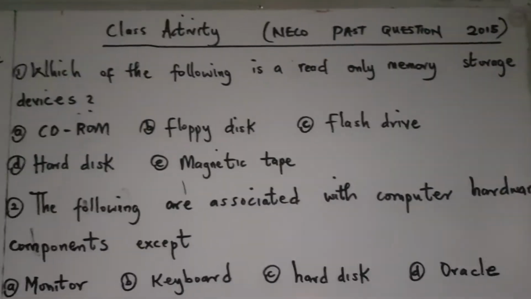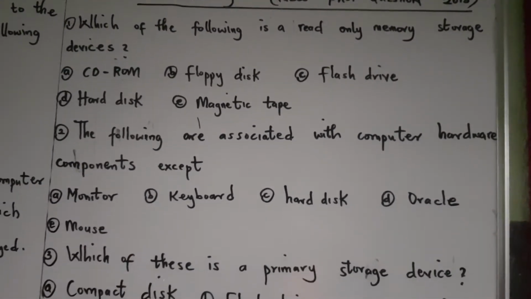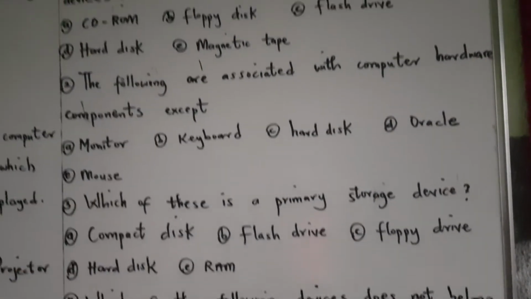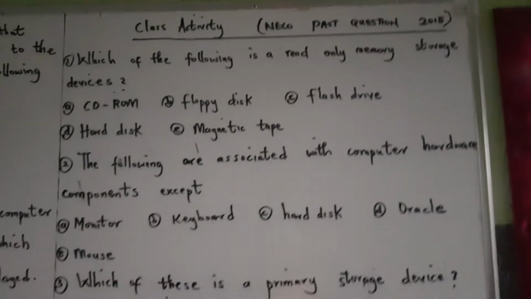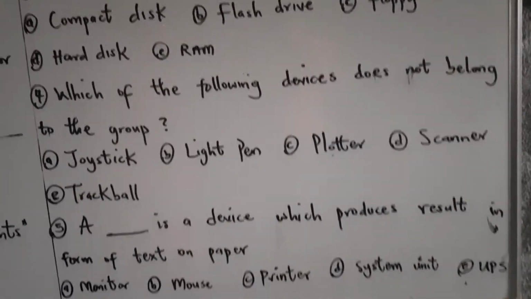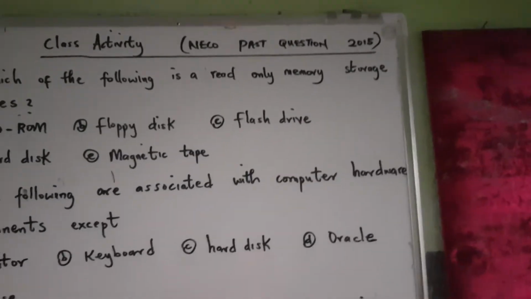The first question here says, which of the following is a read-only memory storage device? From the option here, it will be easy to identify the read-only memory device. We have A, CD-ROM. We have B, the floppy disk. We have C, disk drive, flash drive.